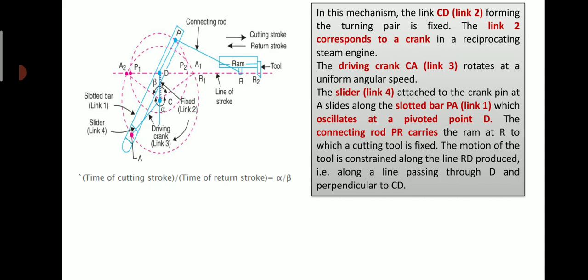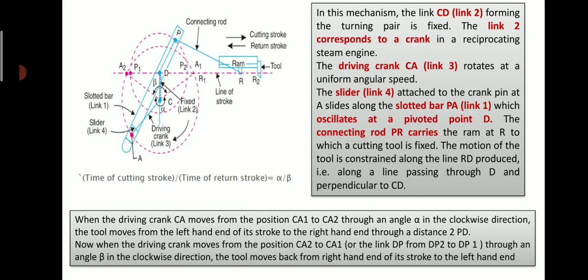The connecting rod PR carries the ram at R to which a cutting tool is fixed. The motion of the tool is constrained along the line RD produced, that is along a line passing through D and perpendicular to CD. How it works?